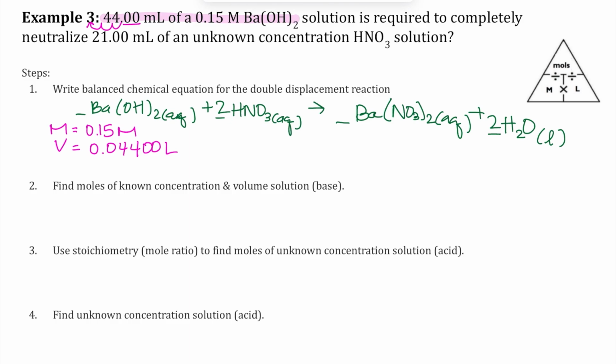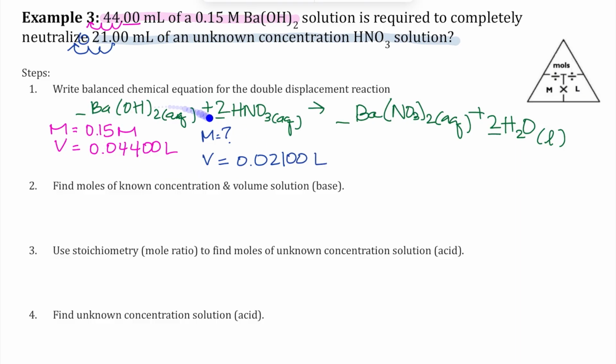Then for my HNO3, it is needed to completely neutralize 21 milliliters of an unknown concentration of HNO3. So I don't know the molarity of that HNO3. I do know the volume that was used. If we divide by 1,000 to get liters, that volume is 0.02100 liters.